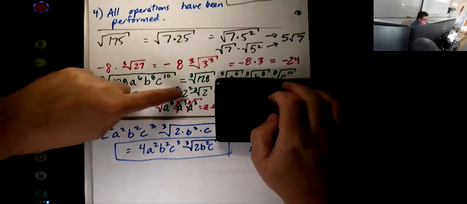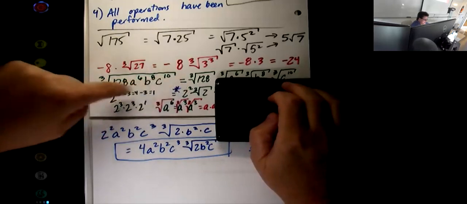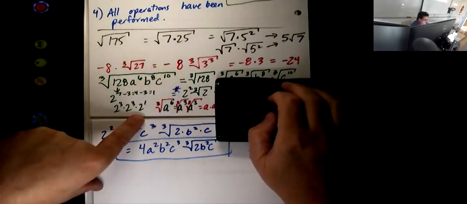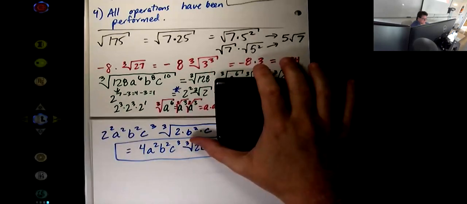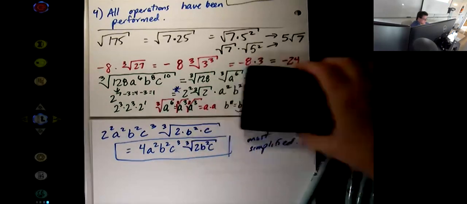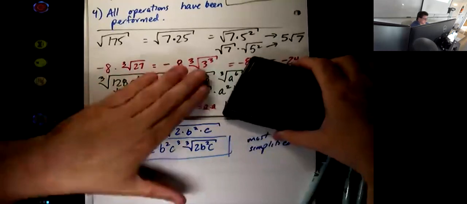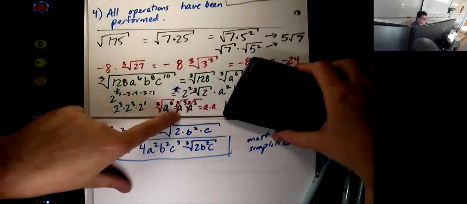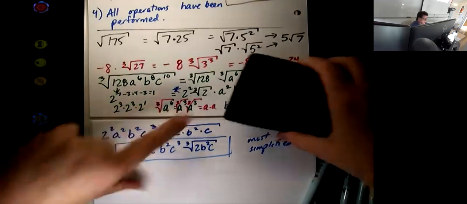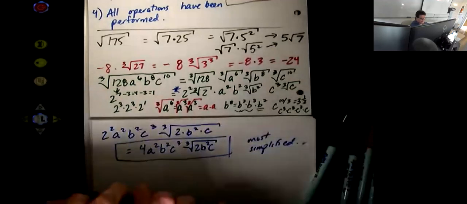So that I end up with a 2 squared out front. And I still have 1 left, so I've got to have a 2 on the inside, so it'll be cube root of 2. Does that make sense? Yeah. I did that for each one of these. So cube root of a to the 6 gave me a squared, by doing a to the 3rd power times a to the 3rd power. Are you good? Yeah. Okay.